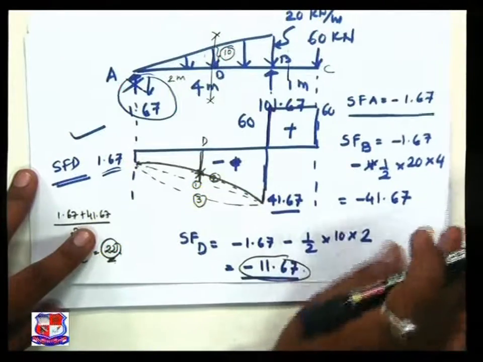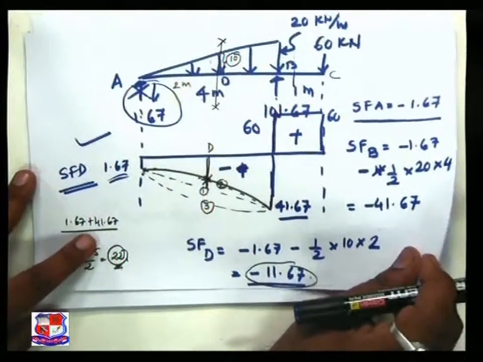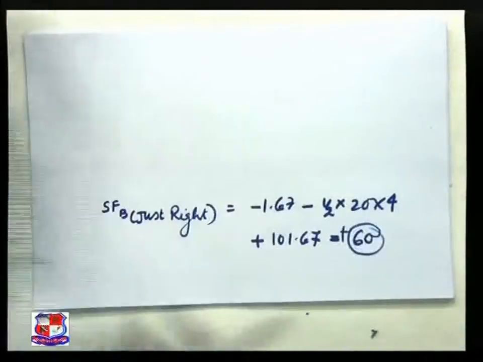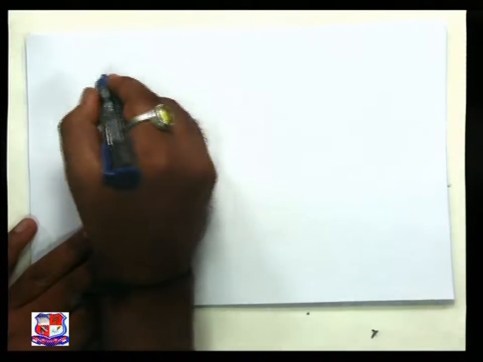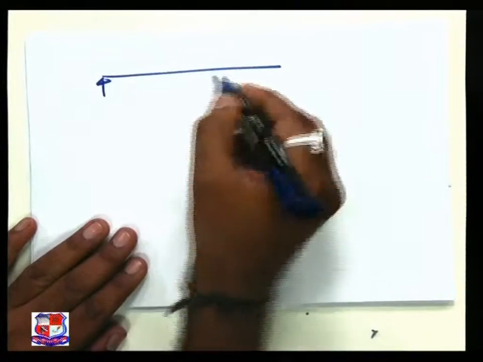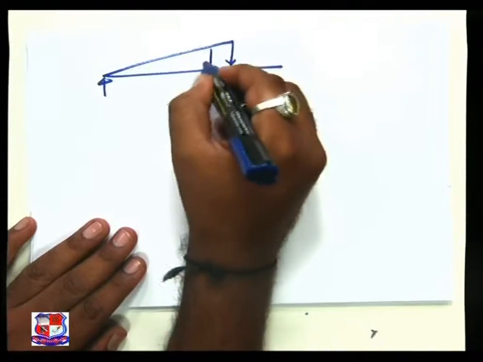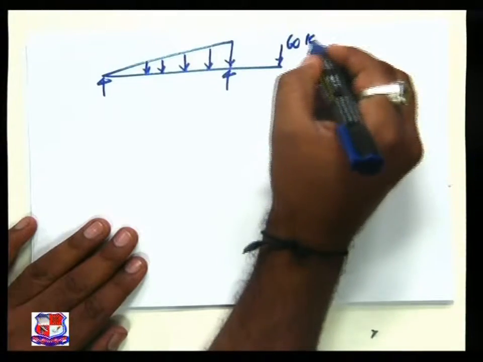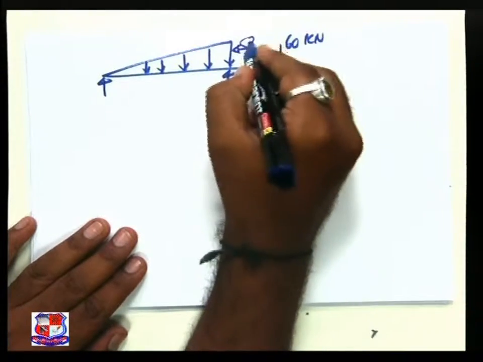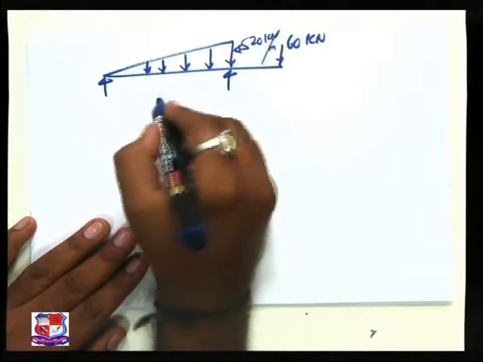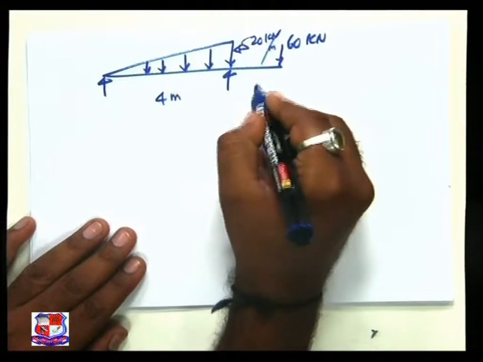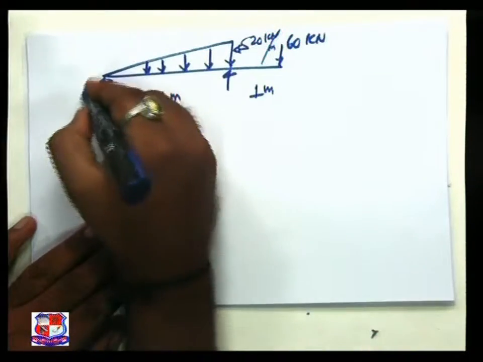Let us go for the next one, how to plot the bending moment diagram right now. The beam given is an overhanging beam. 60 kilonewton is the point load acting. 4 meter is the length between two supports. 1 meter is the overhanging projection.